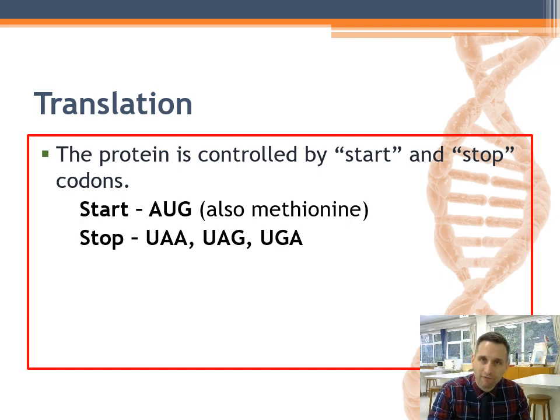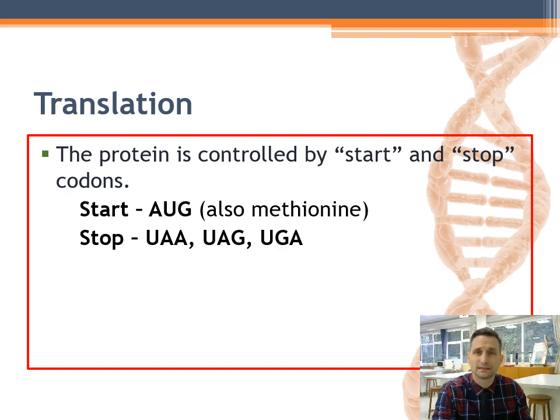You will have the codon wheel on every assessment, including the Unit 5 Quiz, including the final, if there are translation questions on the final. So you just have to know how to use the wheel. You don't have to memorize it, but you have to memorize AUG, because the wheel does not say that AUG is the start codon. It does say it's methionine.